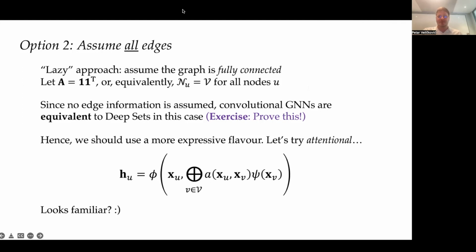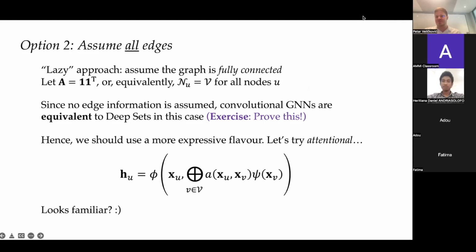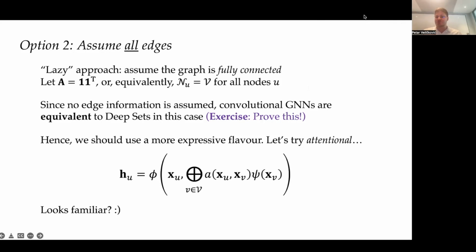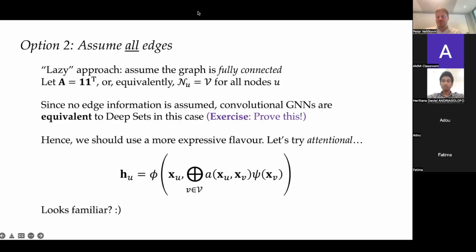Okay. And since we are assuming no additional information about these edges, remember, we are supposed to be inferring them as we go along, then a convolutional graph neural network would have no other choice but to take simple averaging into account. And it's possible to show, in this case, that convolutional graph neural networks are equivalent to deep sets in the case of fully connected graphs.